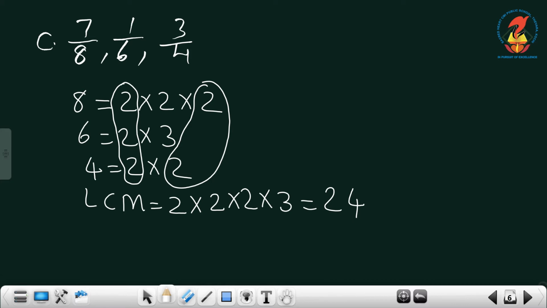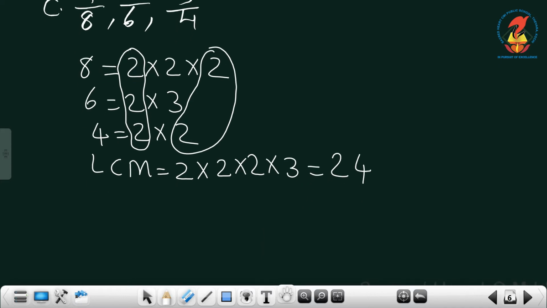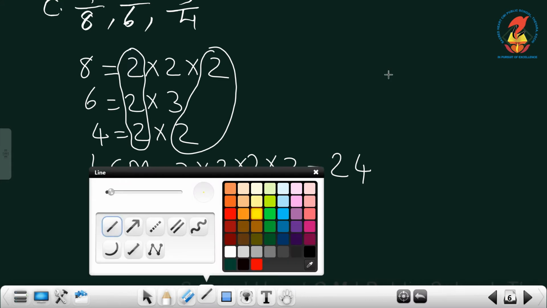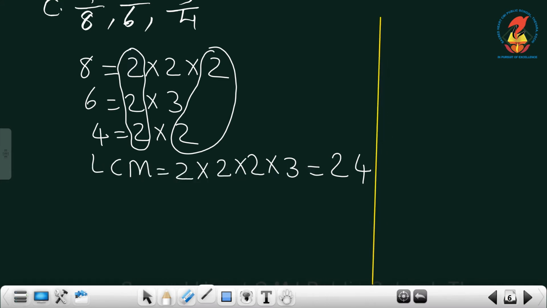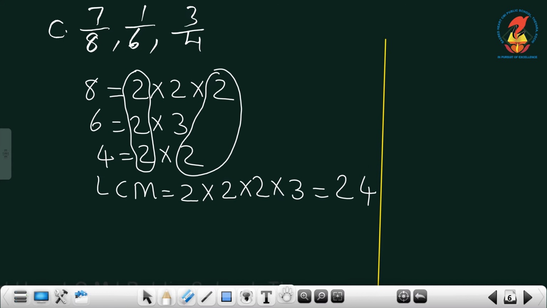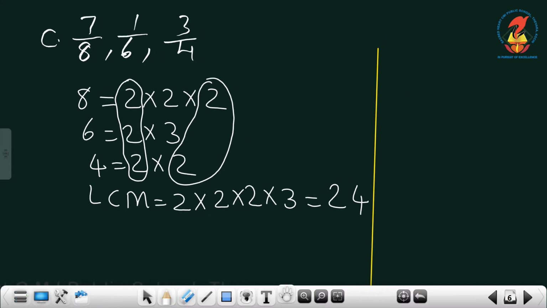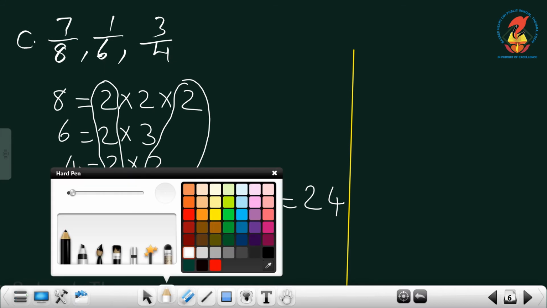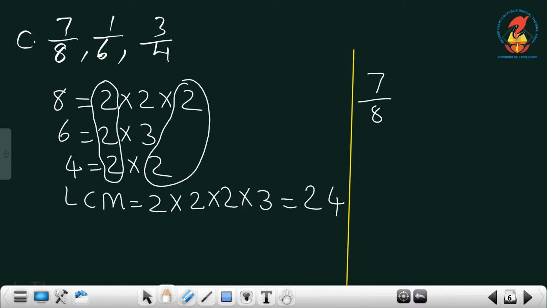After that I need to change all the denominators into the LCM. How can I change it like that? We need to take the fractions one by one. Okay, first I need to change 7 by 8, right? I will show you. 7 by 8 equals 7 by 8.